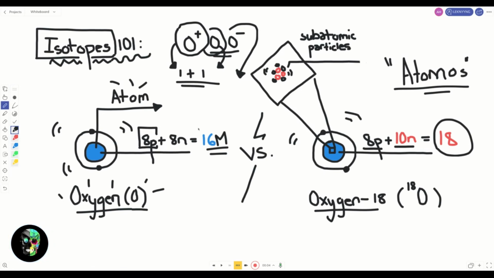And if you look at it in the example of oxygen, oxygen is the 8th element on the periodic table. Hydrogen, helium, lithium, beryllium, boron, carbon, nitrogen, oxygen. It's number 8, okay? And if you're observant, you also see that the number of protons an element has is something that completely determines where it's going to fall on the periodic table.